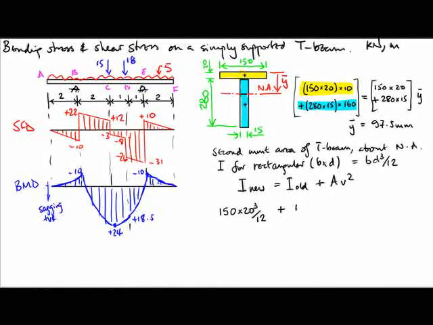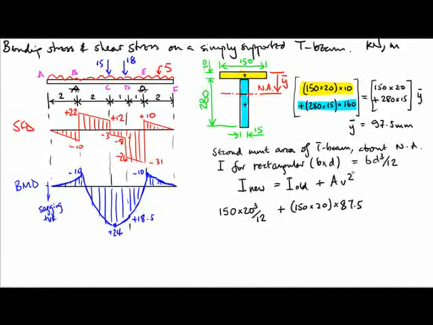A is the area of the block, which is 150 times 20, and V is the distance from the block's own centroid to where we are now making it bend, so it's that gap there. Well, Y bar is 97.5, and that is 10, so this gap from the centroid to the neutral axis must be 87.5.